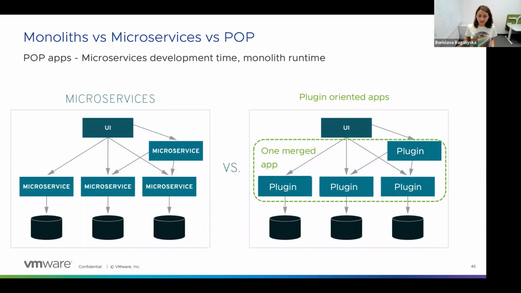But I'd say the concept of merging is the most important one to consider, because microservices are developed in isolation, and they also get deployed in isolation, and then they communicate over a network, for example. While in plugin-oriented programming, you have these different repos, but at runtime, they merge into one application. So it's not multiple processes, multiple containers, it is one.